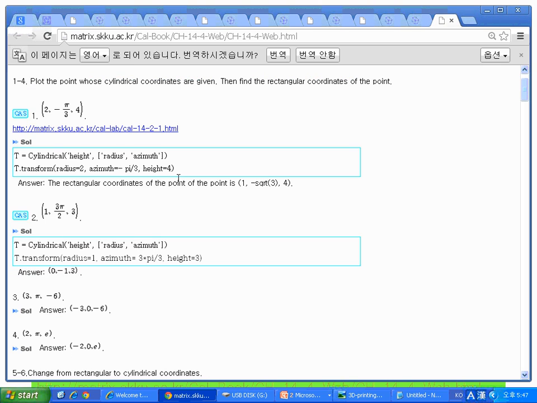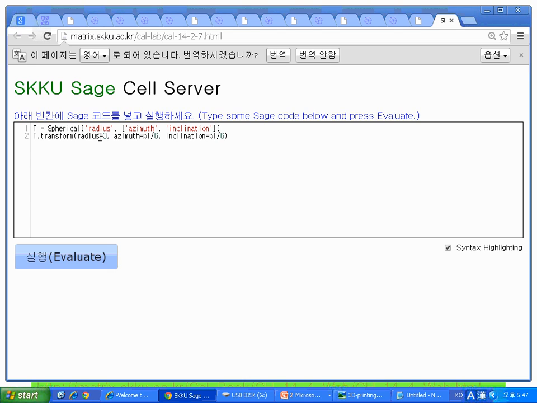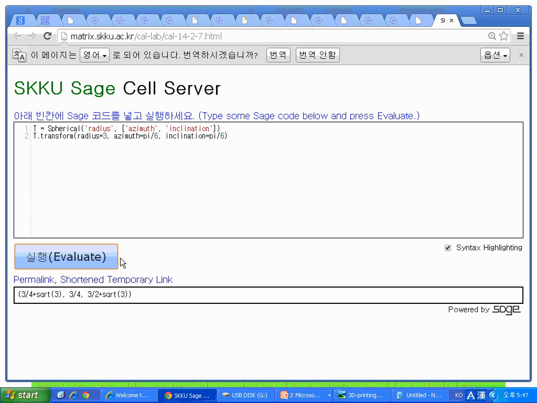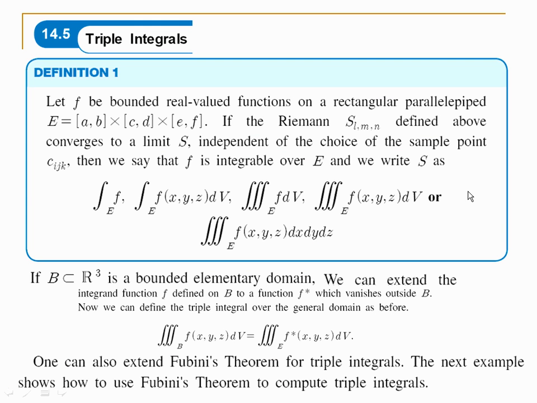And here are the examples and solutions and the code that you can change. For example, this changes the spherical coordinate to cylindrical and spherical coordinate. So these are the things that you can utilize. I think that's it. Okay, we will continue with section 14.5 in the next lecture.